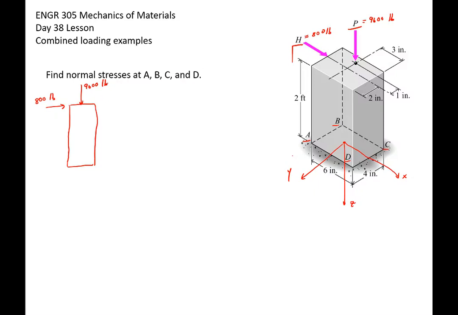And the bottom of this thing is going to have some reaction P, and it's going to have some reaction My. All right. So that My is the moment about the y-axis.